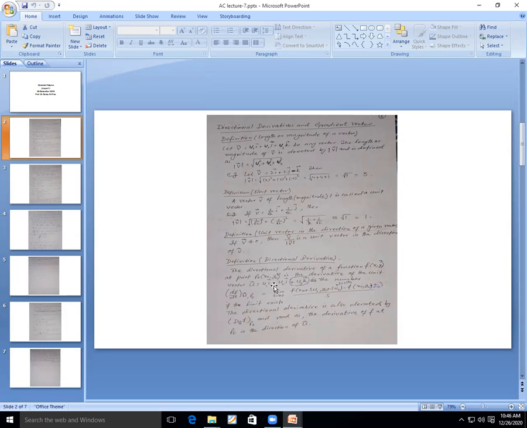These u1, u2, and u3 are the components of the unit vector. If this limit exists, then we say that this is the directional derivative in the direction of unit vector u at the point P naught.